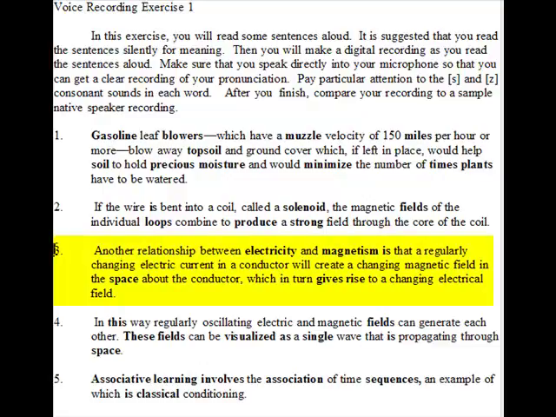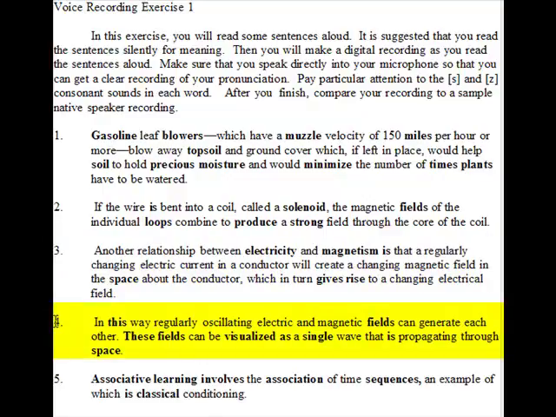3. Another relationship between electricity and magnetism is that a regularly changing electric current in a conductor will create a changing magnetic field in the space about a conductor, which in turn gives rise to a changing electrical field. 4.